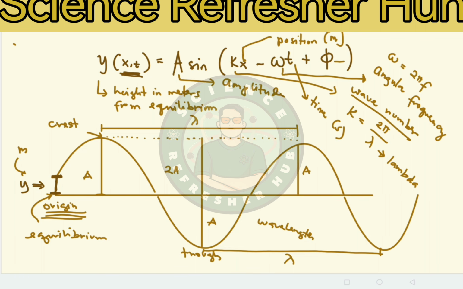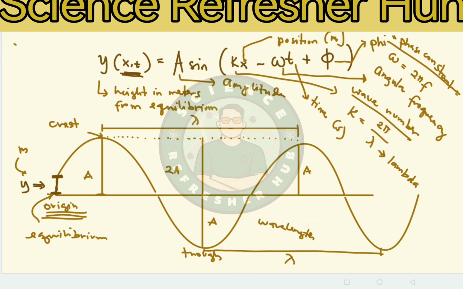In the last variable here, as I mentioned earlier, we call it phi. It's the phase constant. The phase constant defines the initial state of the waveform at the origin of time and space. Yeah, it's at the origin itself. Another way to say it: the phase constant is the specific starting point of the wave cycle at the exact moment measurement begins.